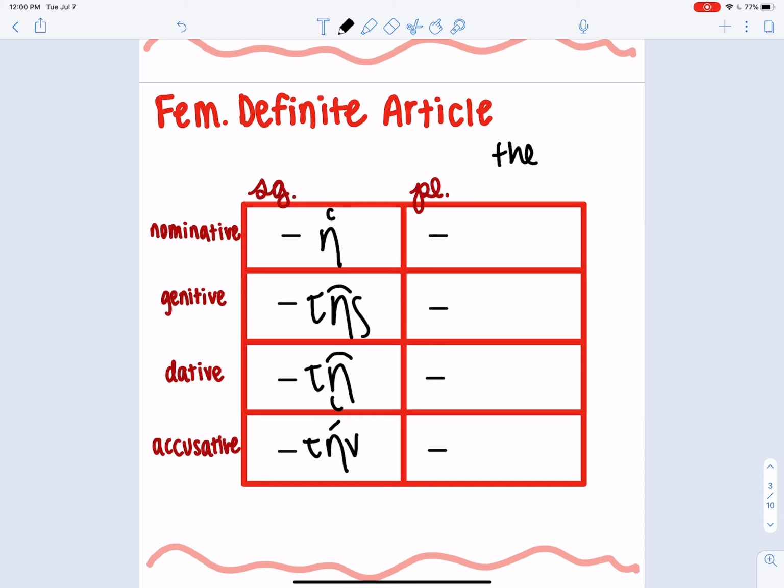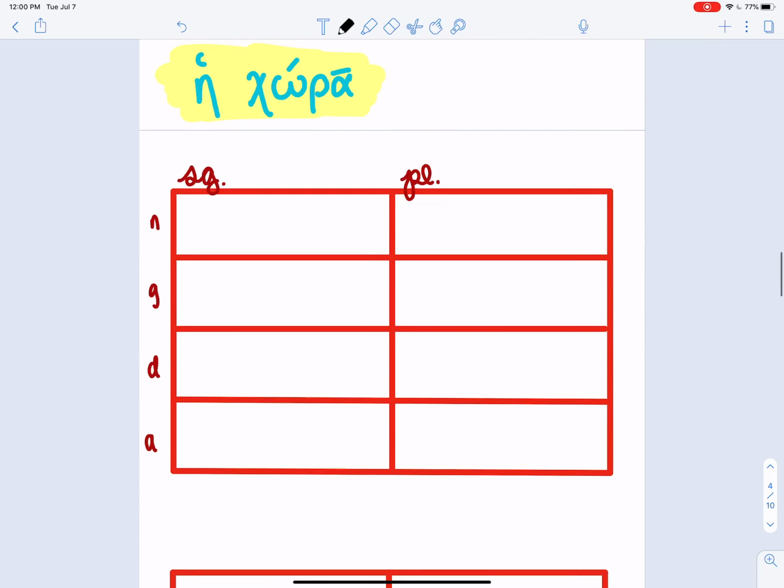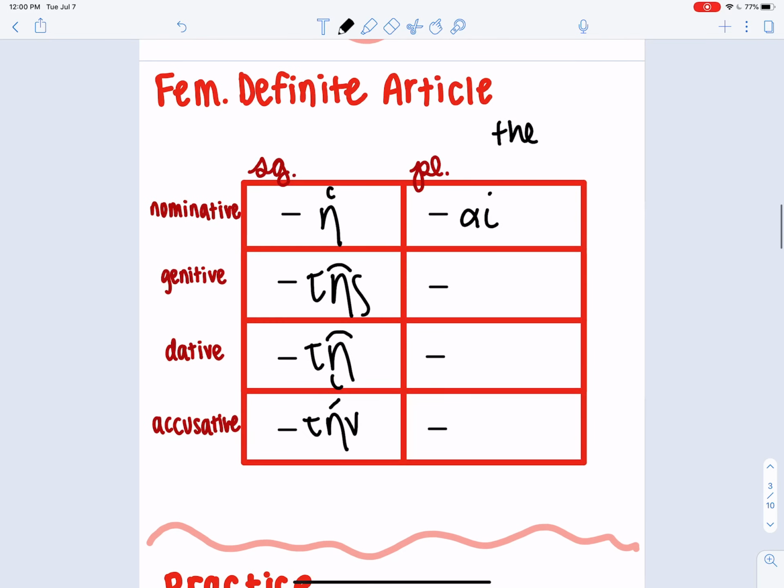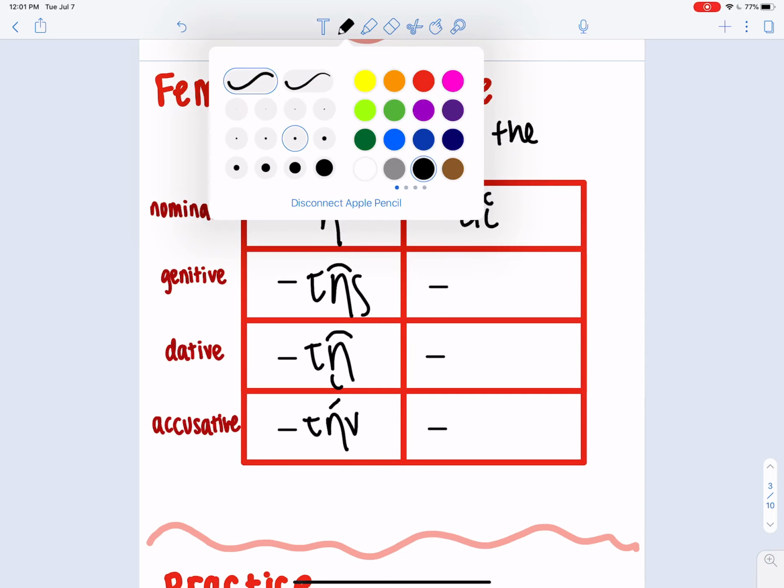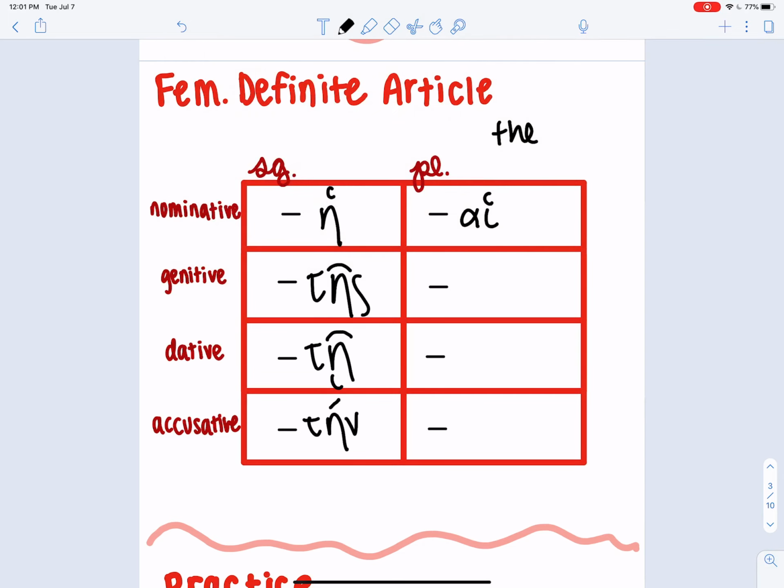Then for the plural, nominative is hai, alpha iota with rough breathing on the iota, because that is a proper diphthong, so we place the breathing mark on the second vowel in the diphthong.